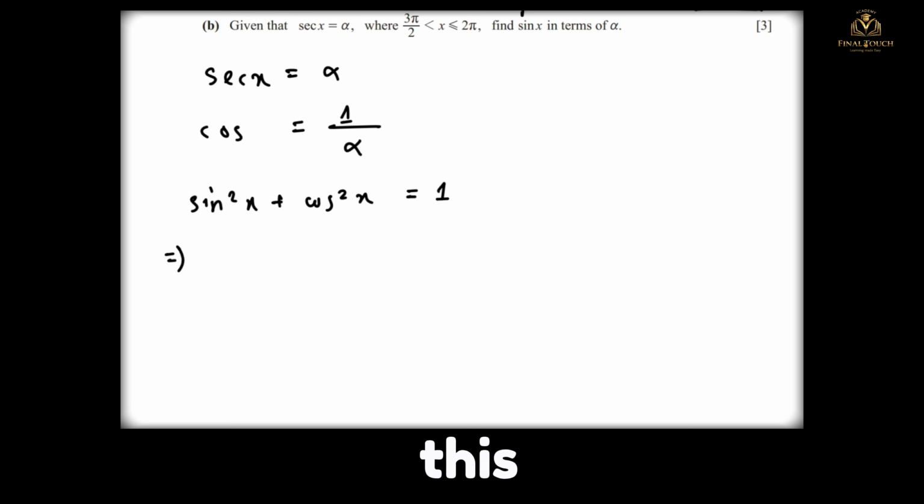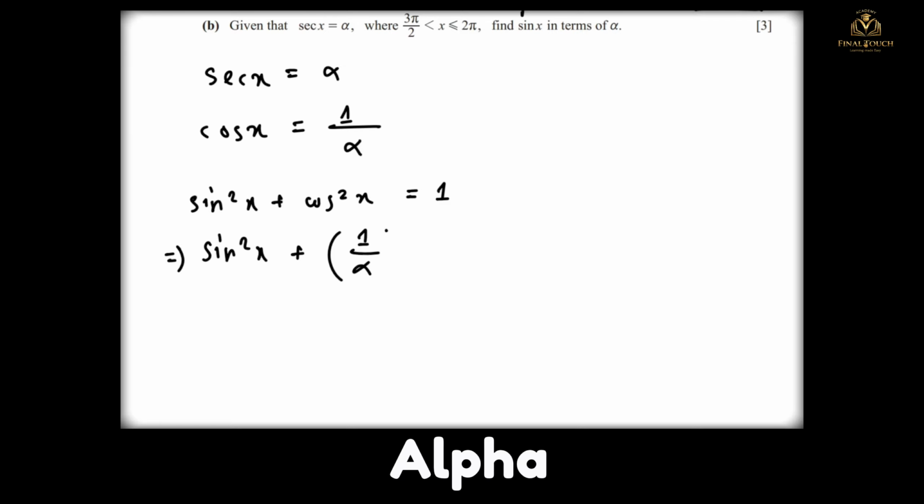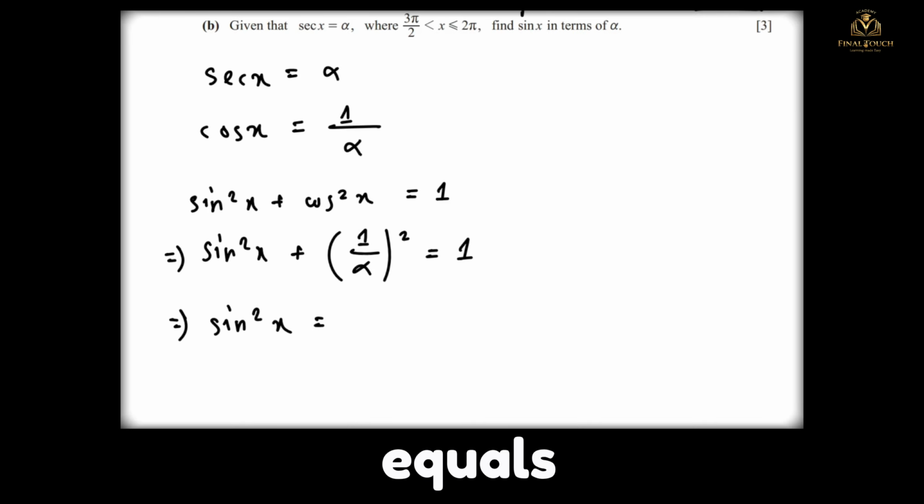We need to write this as cos x. So sine square x plus, we can write it as 1 by alpha square, equals 1. So what we will do is sine square x is equal to 1 minus 1 by alpha square.